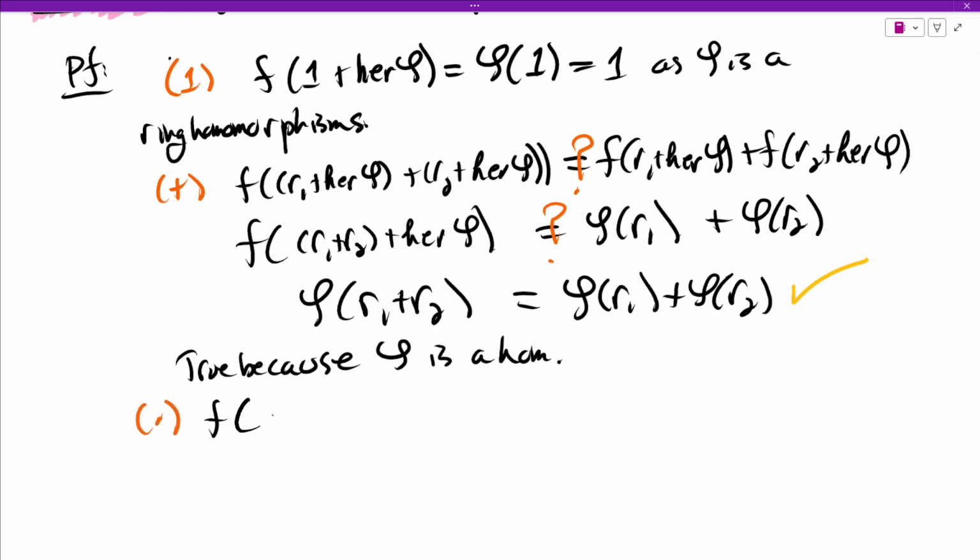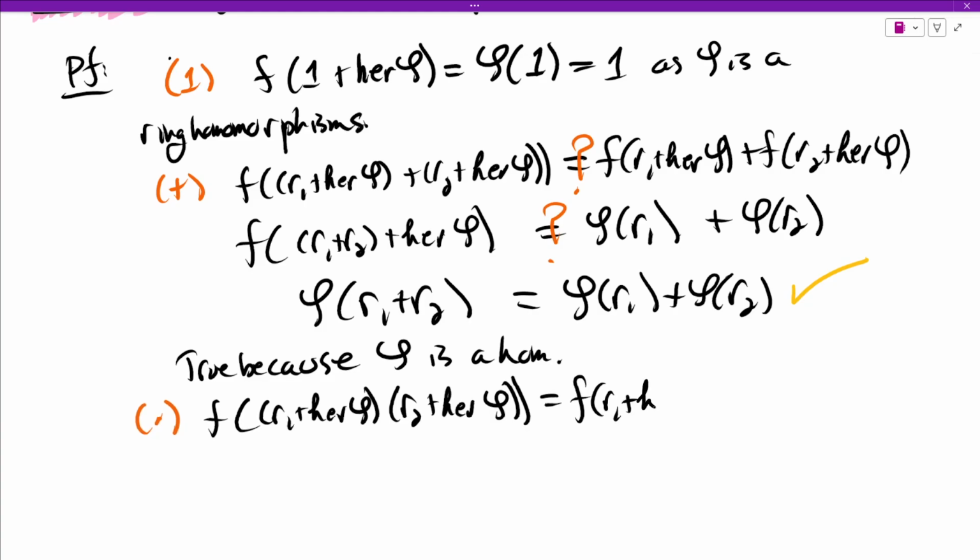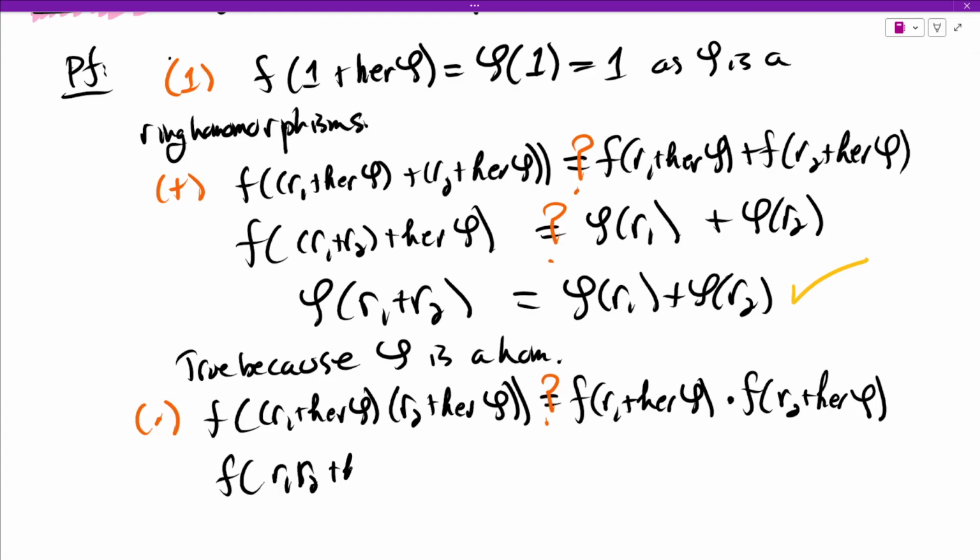All right, let's now do products. So we multiply inside of f, and we compare that to applying f first and then multiplying. And we want to know, again, are these the same with our cautionary orange? All right, R1 R2 plus kernel phi is how you do this product inside of f.